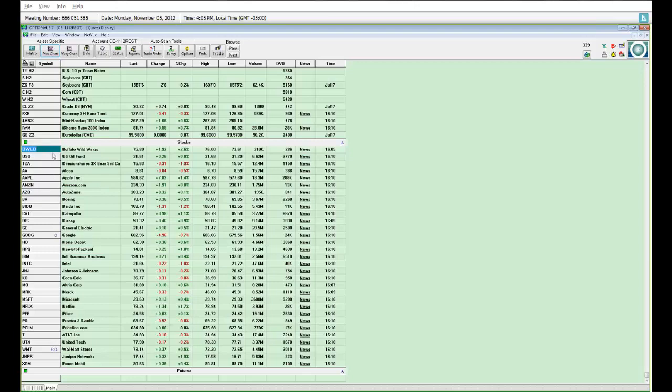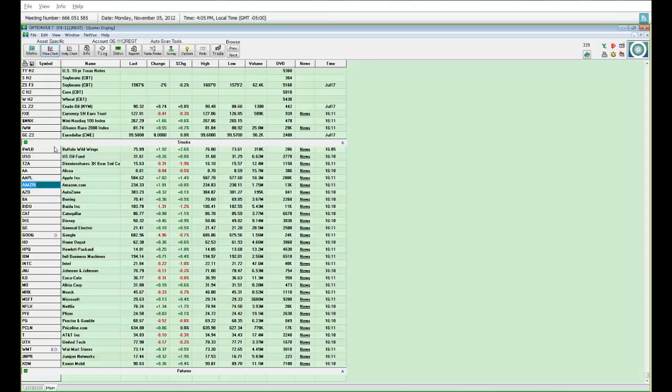Now, each one of these instruments or these symbols represents a stock, right? So Apple is AAPL. Buffalo Wild Wings is BWLD. Amazon is AMZN.